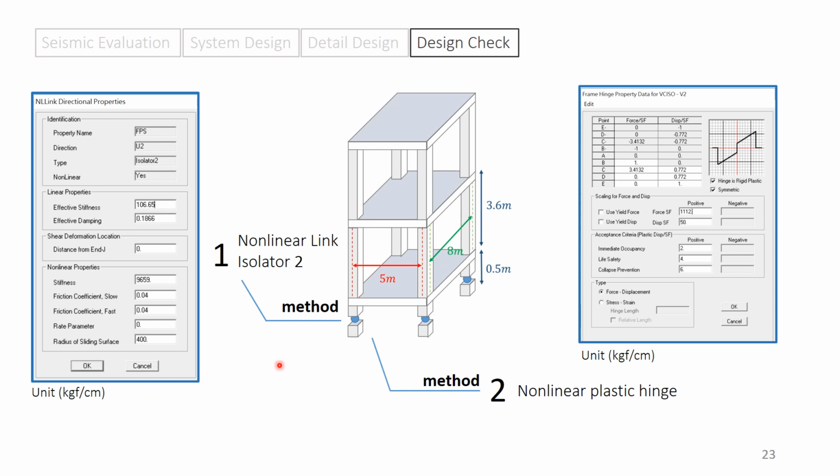So we can see from the nonlinear link property that for the input, the friction coefficient is equal to 0.04, and the radius of curvature will be 4 meters. And for the nonlinear plastic hinge, we use the force displacement relation to simulate the FPB's theoretical force and displacement relationship.